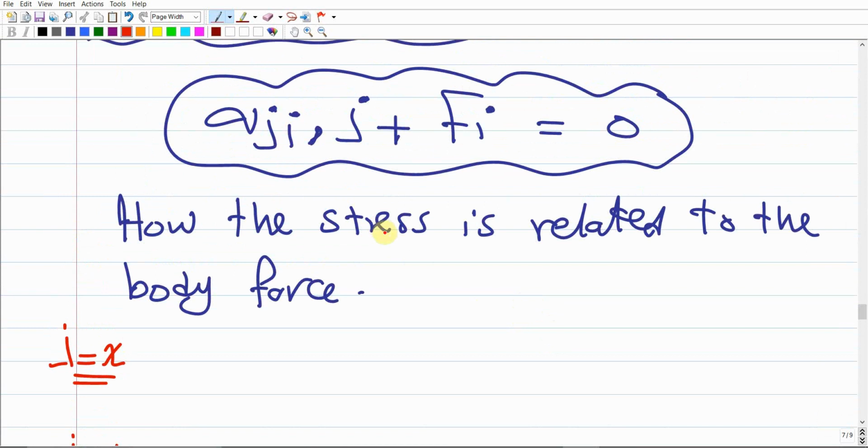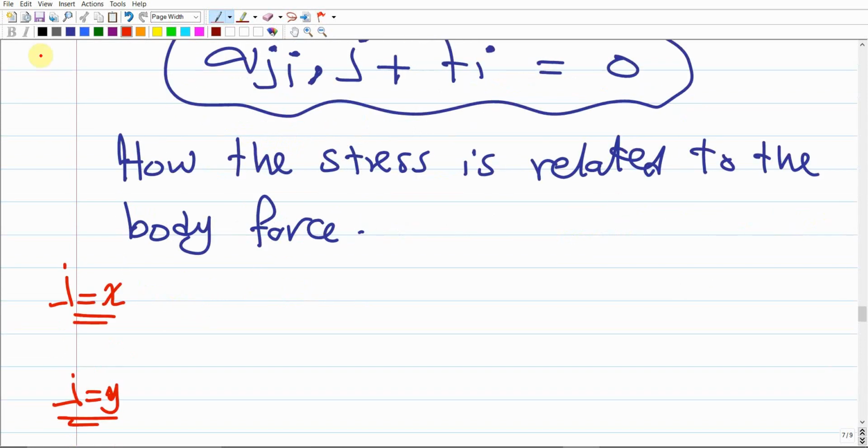These equations relate the stress to the body forces, as we derived before, three equations that relate the stress to the surface tractions, right? So simply here, if i is already x, j is going to be general. I can write this equation as sigma jx comma j plus fx equals 0, right?